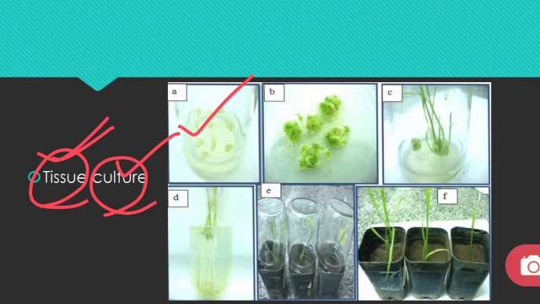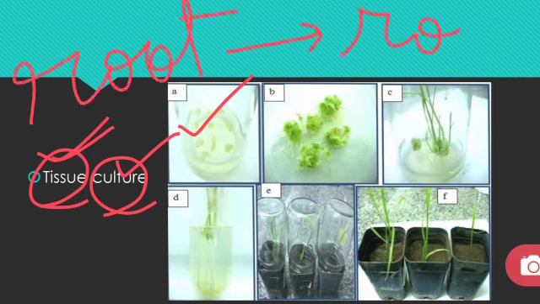If you provide this, then the tissue will start giving out new cells. Now this tissue will start dividing rapidly and will give out the similar type of cells. Means if we have taken root tissue, it will give rise to new root cells. Now this is known as callus.